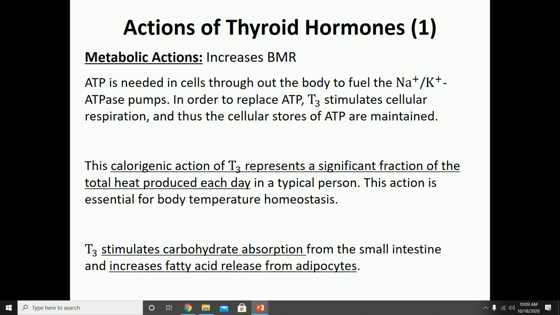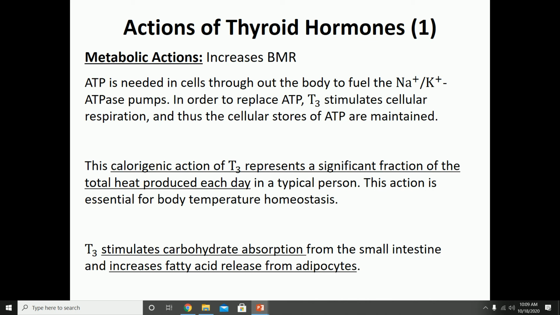Thyroxine is the main hormone that produces energy and produces heat, and is really important for your body temperature homeostasis. It is known as the calorigenic action of T3, meaning that it is going to produce calories. It'll produce ATP.